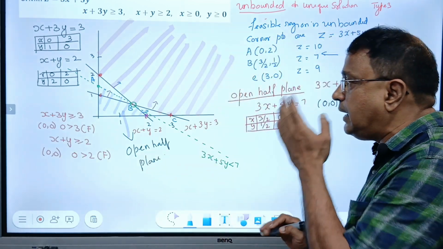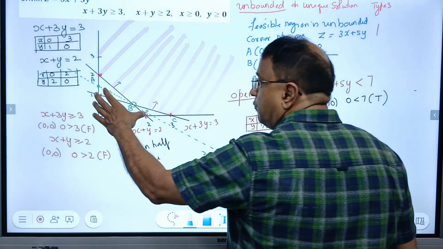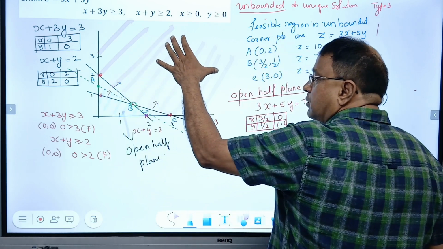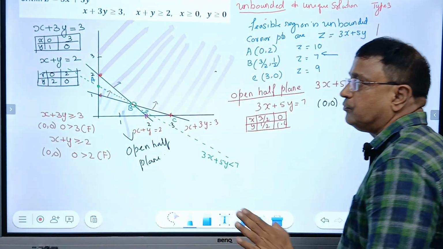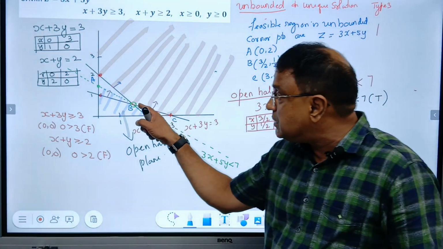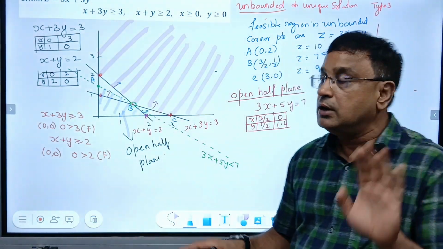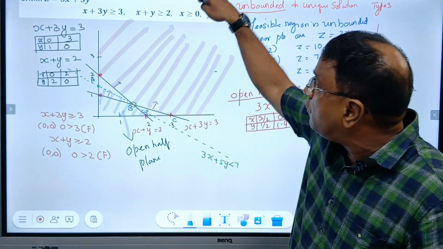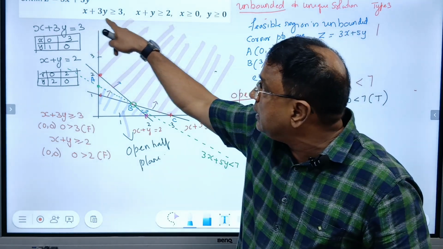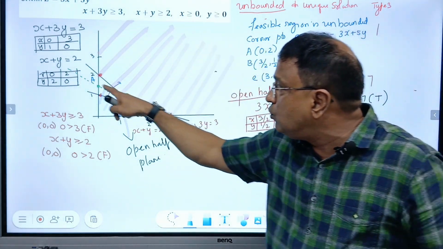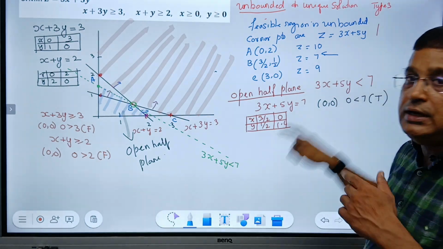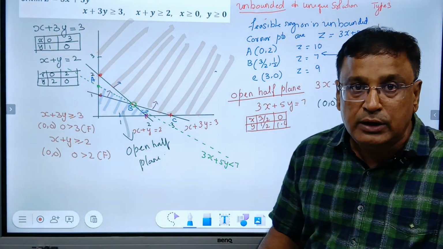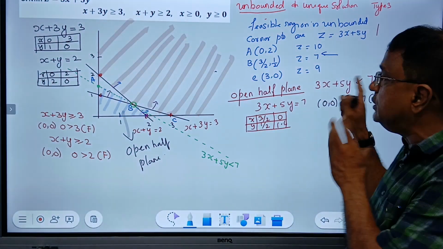Now if you see carefully, the open half plane and the unbounded region don't have any point in common. You may think B is a point that is common. It is not. B belongs to the open half plane because they all have equal to sign. B does not belong to this red dotted line because it is strictly less than. The points on the line don't belong to the region.